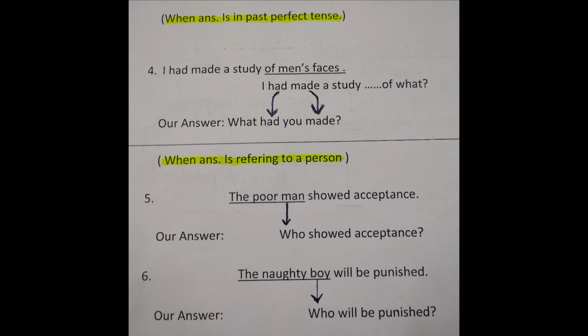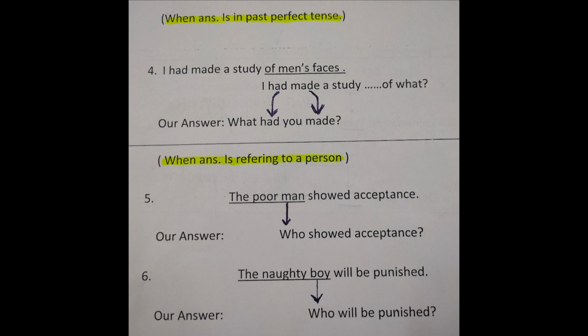Now one more example. The poor man showed acceptance. Here the poor man are the words which are underlined. That means we will have to form what type of a question where the answer is going to be the poor man.